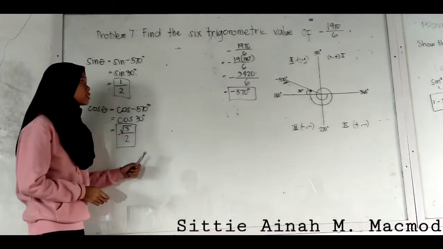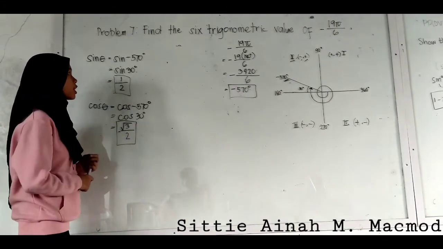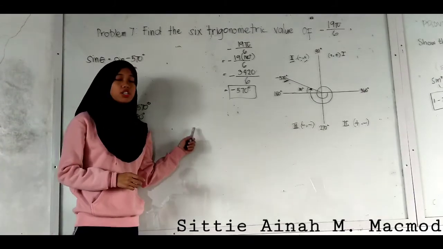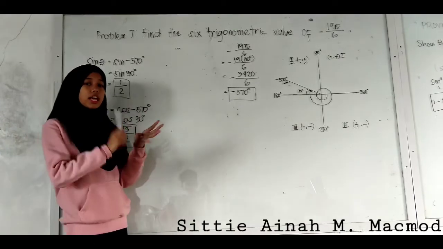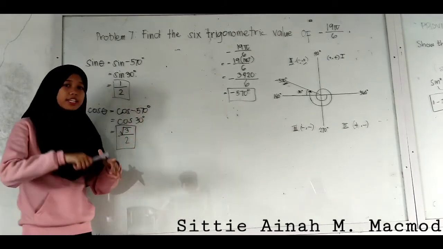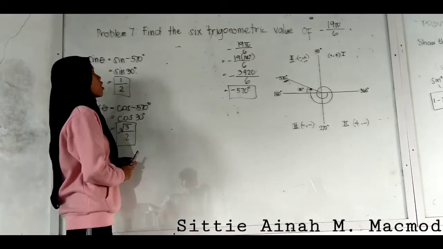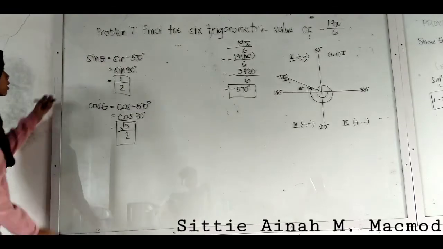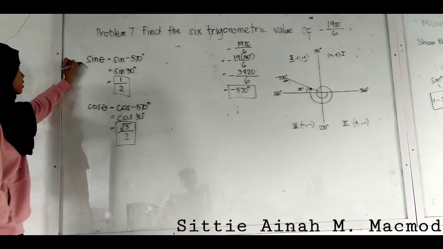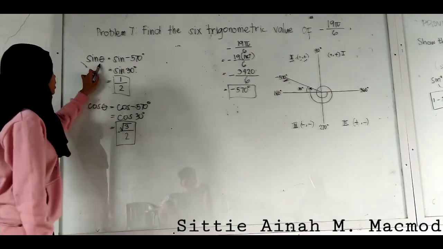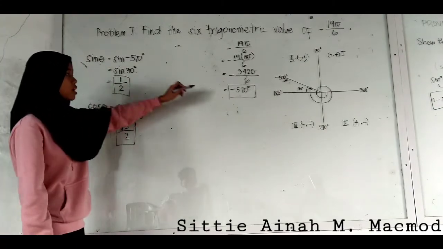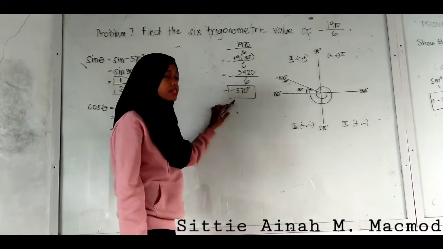So, let's apply the six trigonometric ratios, which are sine, cosine, cotangent, tangent, cosecant, and secant. So, first we proceed to the sine. Our theta is negative 570.